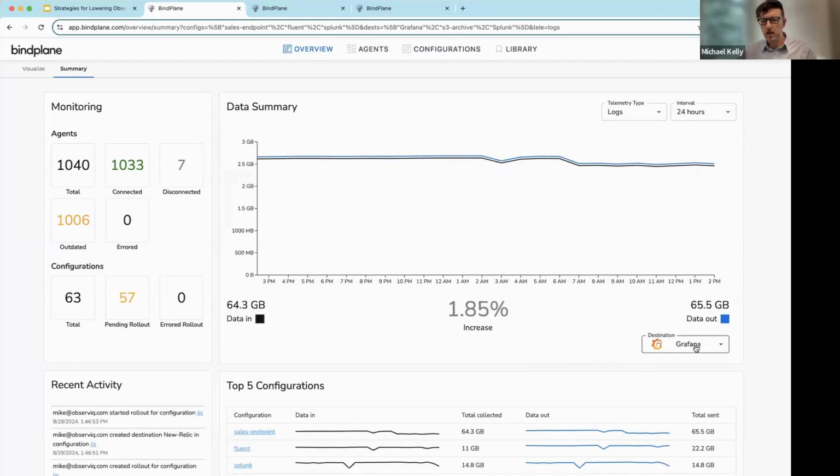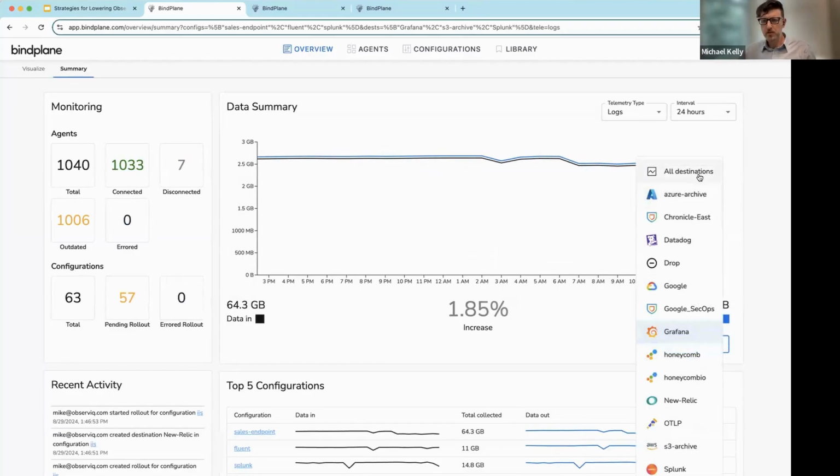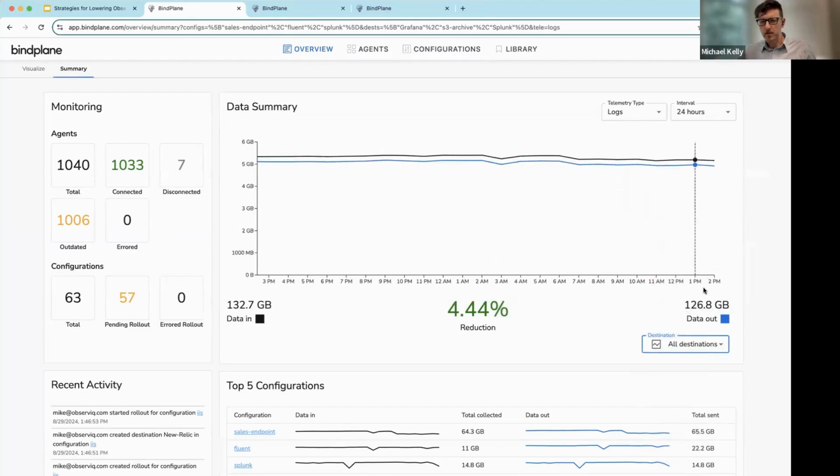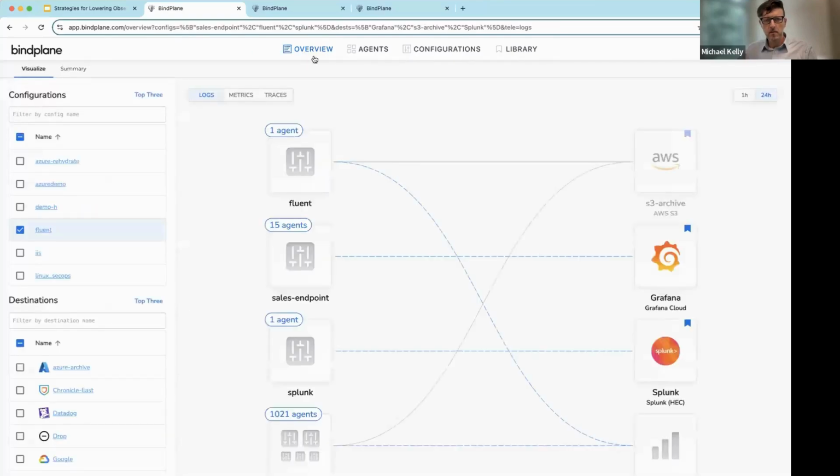I can see that with this particular destination, Grafana, I'm not reducing any of the data as it's flowing through the pipeline. We can check that for any of the destinations, and see that we should have a target of reduction, because typically there's a lot of additional information in that telemetry that's not necessary and not needed in the final destination.